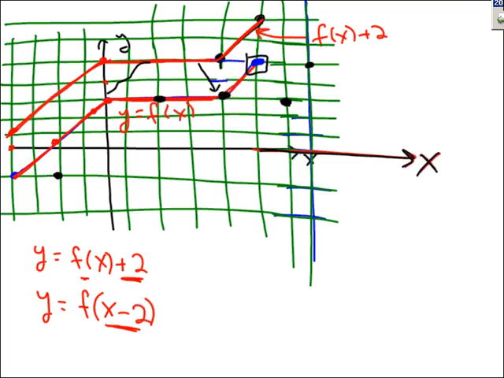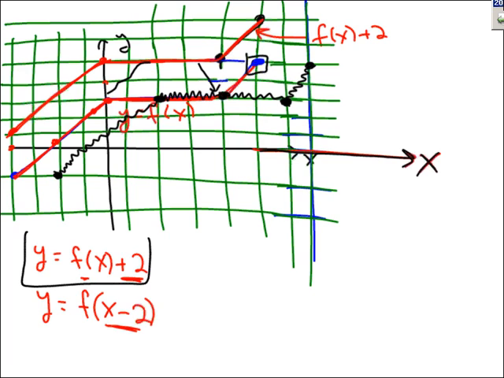So the new graph, I'll draw it like this. There it is. I go up 2, I go to the right 2.